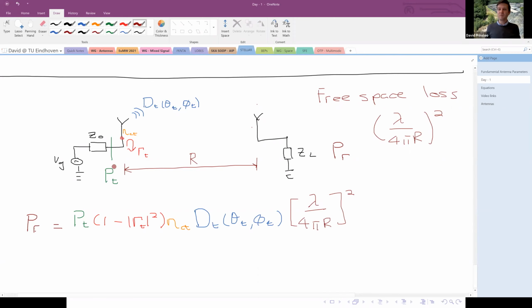Then we have the same in reverse because of reciprocity. Instead of the antenna transmitting, we have the directivity of the receive antenna that multiplies the signal. Again, this one is slightly different in orientation. They don't have to be pointed at one another at the same angles.